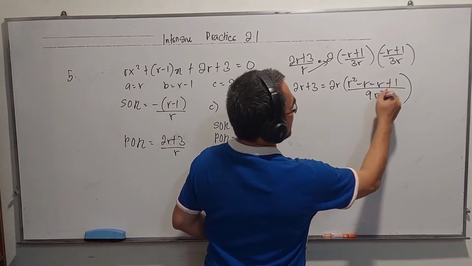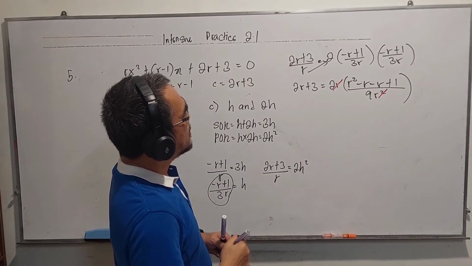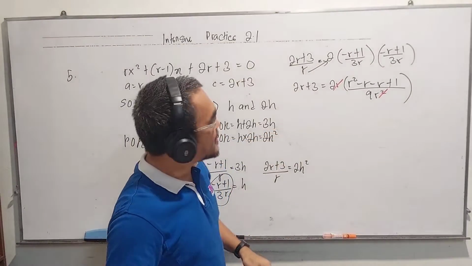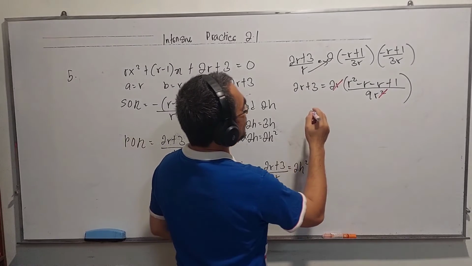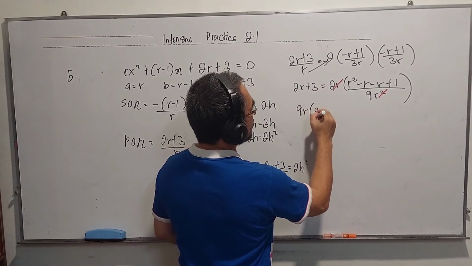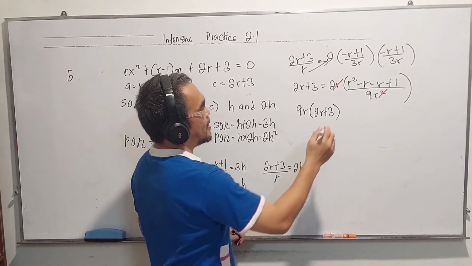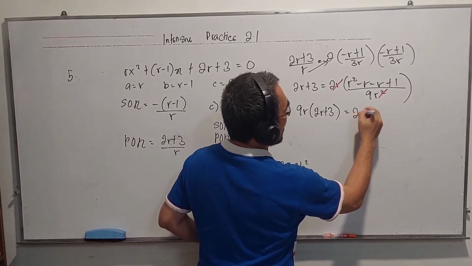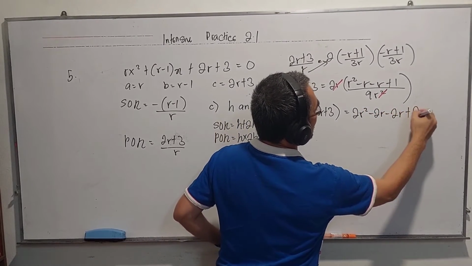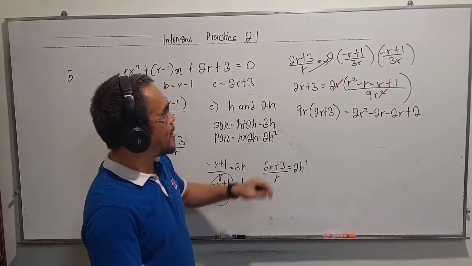Then I cancel here. Okay, I think I missed the 9 just now. So I have 9r times (2r plus 3) equals 2r square minus 2r minus 2r plus 2. Okay, I cross multiply here.